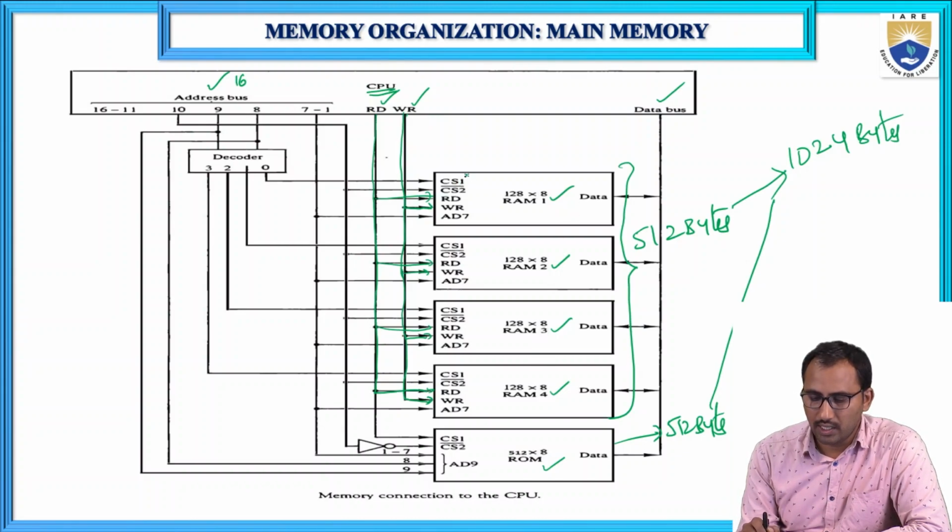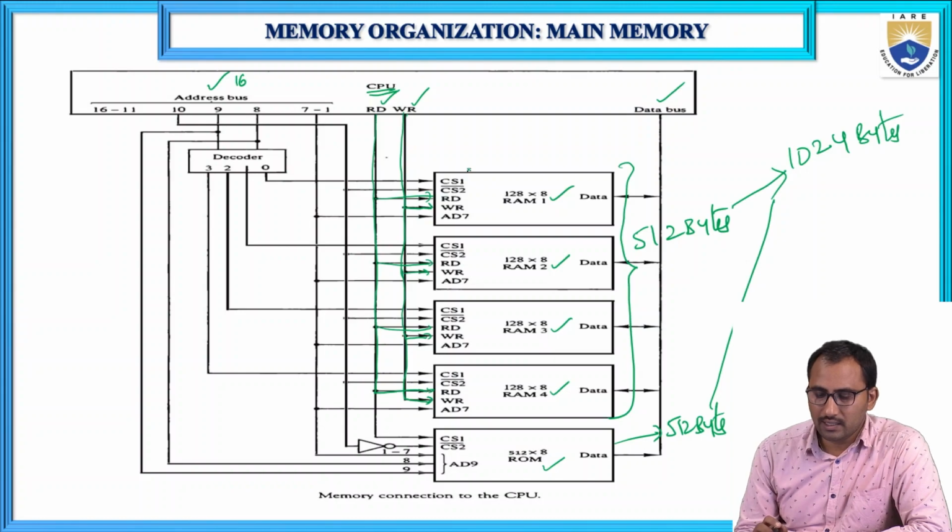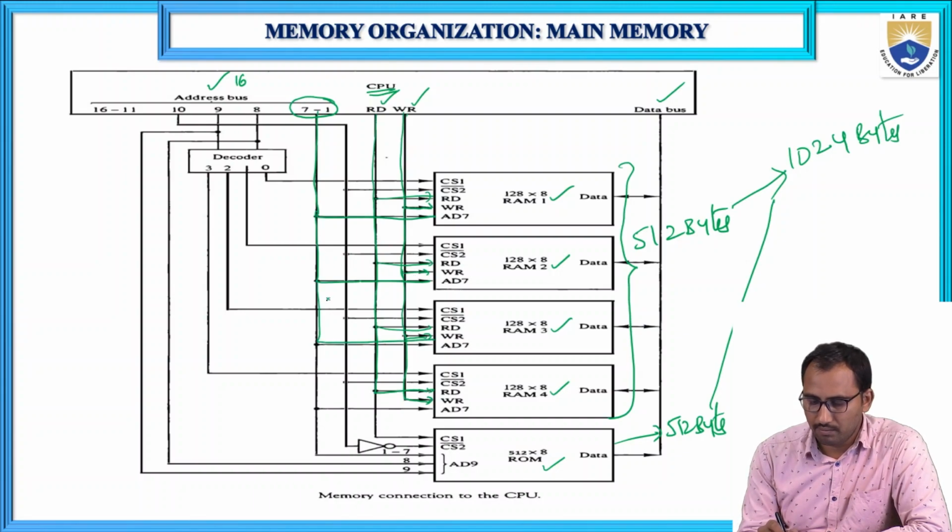Now see here, address lines 1 to 7 we are applying directly to all the RAM chips: the first RAM, second RAM, third RAM, and fourth RAM.